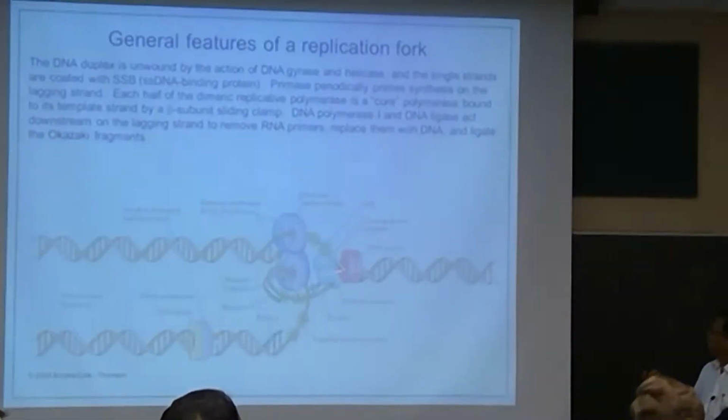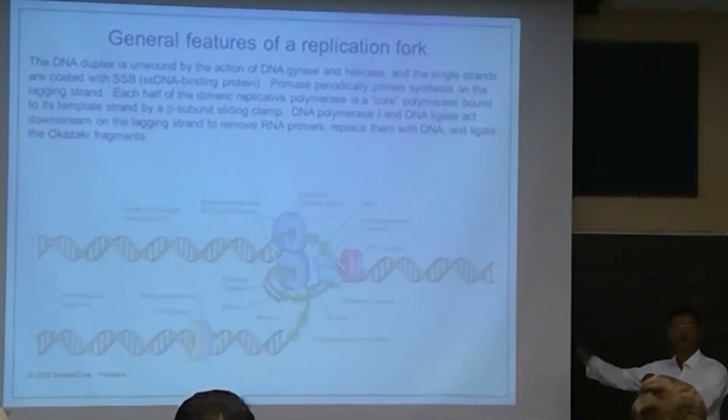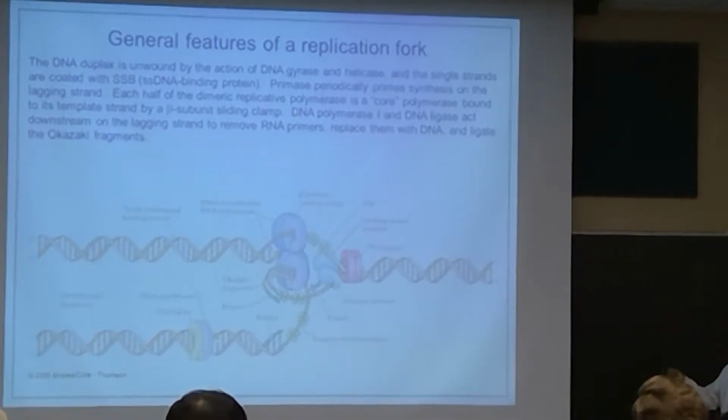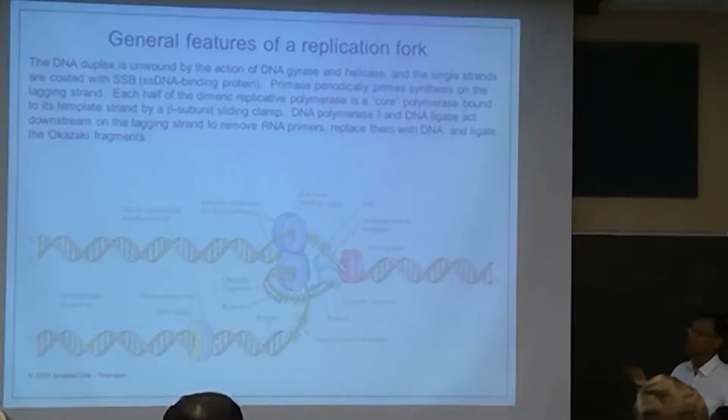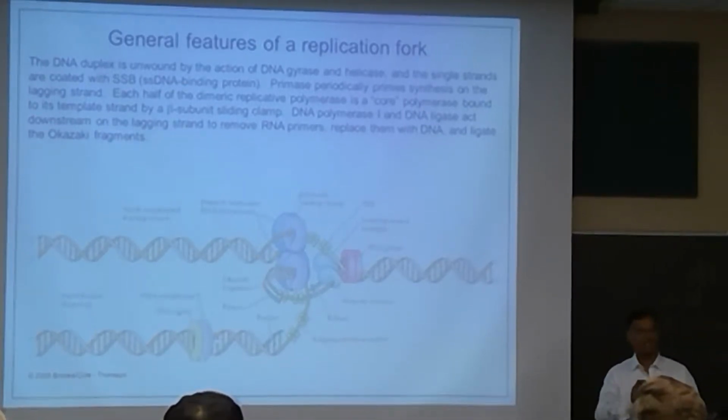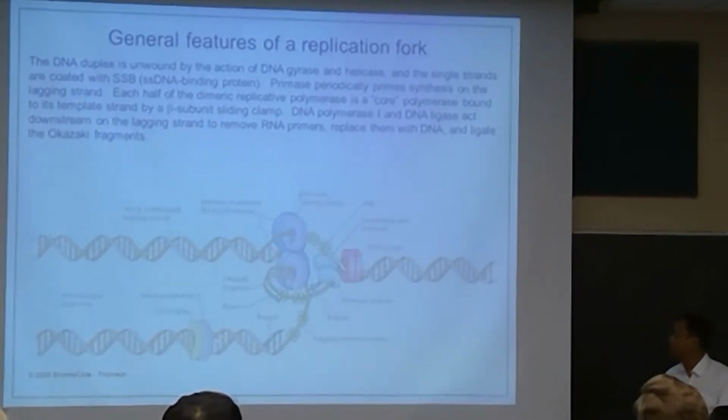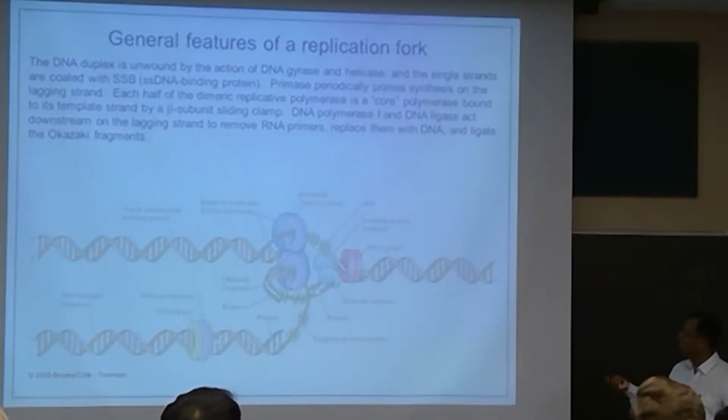Then you are opening the helix, so you are putting a lot of supercoiling stress, correct? This supercoiling stress is released by gyrase, which cuts the DNA and reseals it. Then you have the primase which supplies the RNA primer for the synthesis of the Okazaki segment.